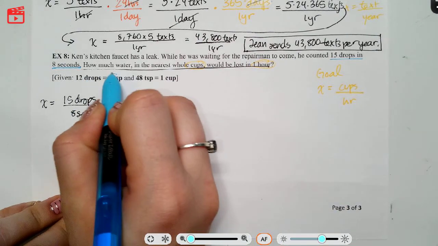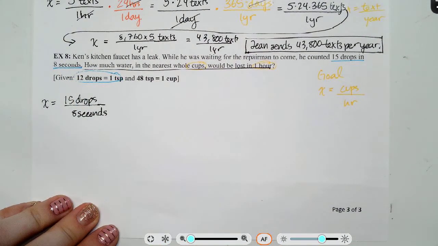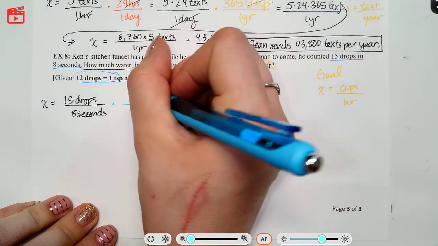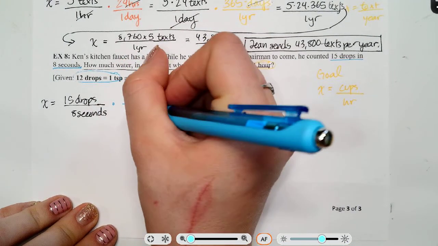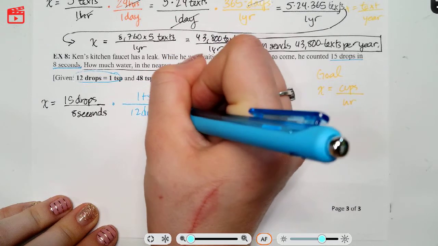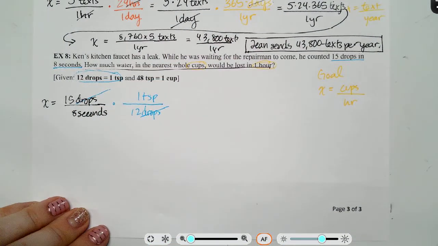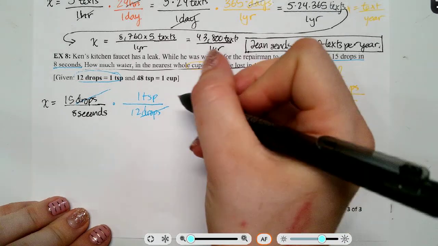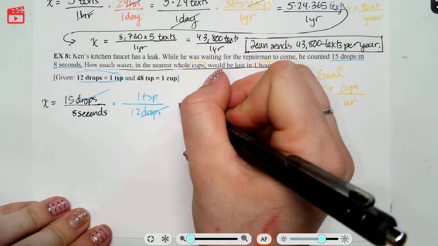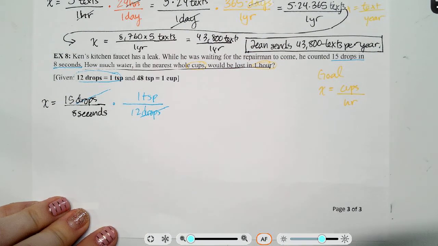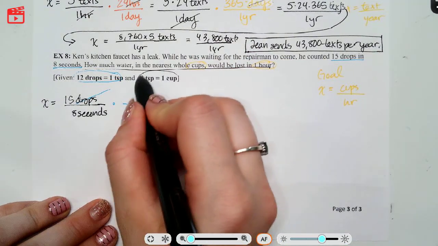Well, we have this equivalence here. We're given this equivalence: 12 drops is 1 teaspoon. Let's multiply by that. I put the drops on the bottom because I want the drops to cancel. Now let's cancel the teaspoons.